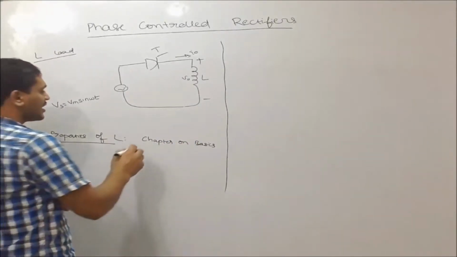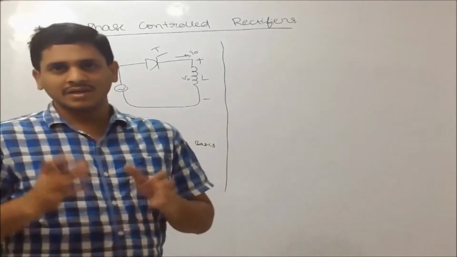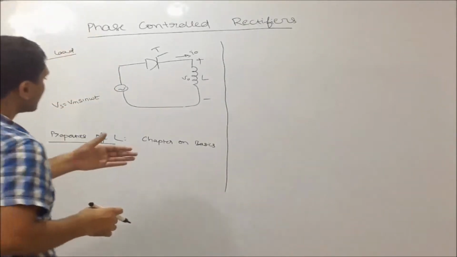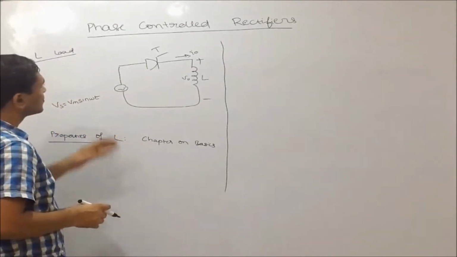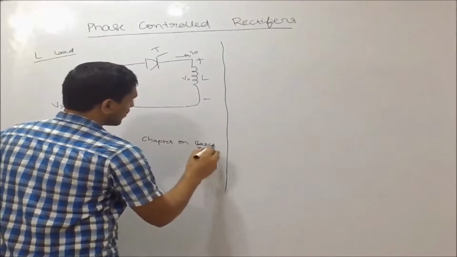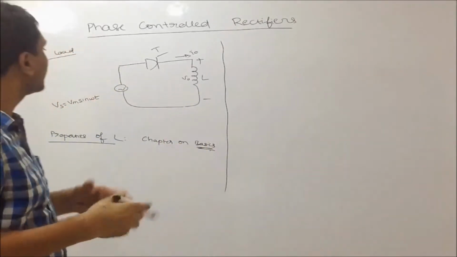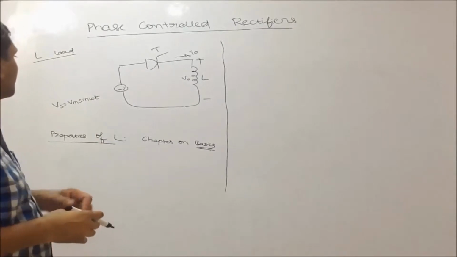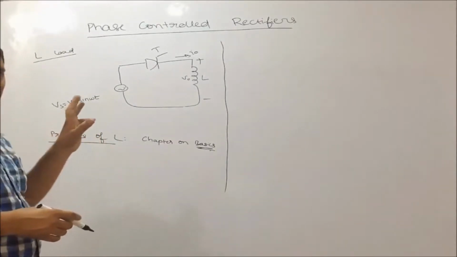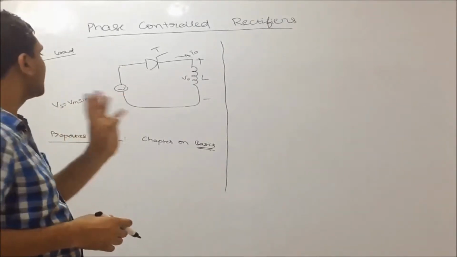Typically what happens is, in textbooks, basics are not given in a systematic or clear way. That's why power electronics is very difficult. If you are strong in basics, analyzing the circuit is very easy. Not only this circuit, any circuit you can analyze. Typically, they tell only two properties for the inductor, but we tell three properties.